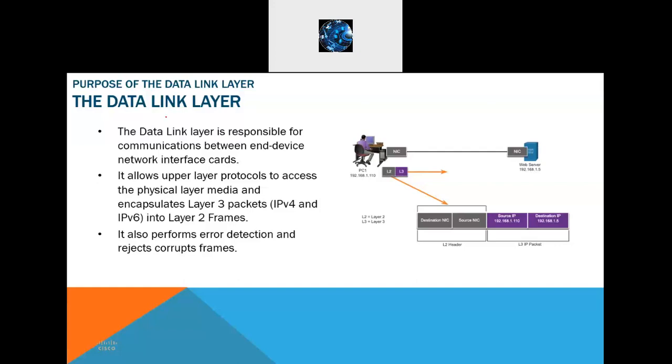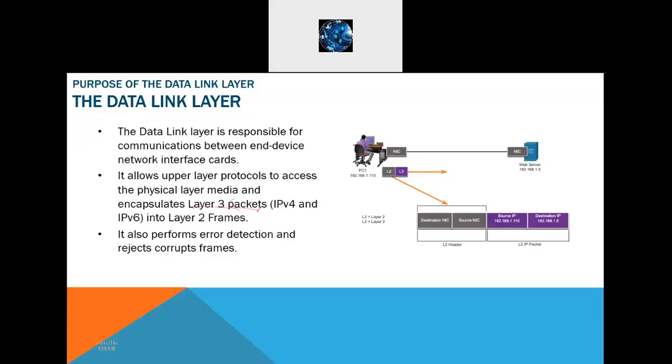So what is the data link layer responsible for? The data link layer is responsible for communication between end devices, the network interface card. It allows upper layer protocols to access the physical layer media, and encapsulates layer 3 packets into layer 2 frames.